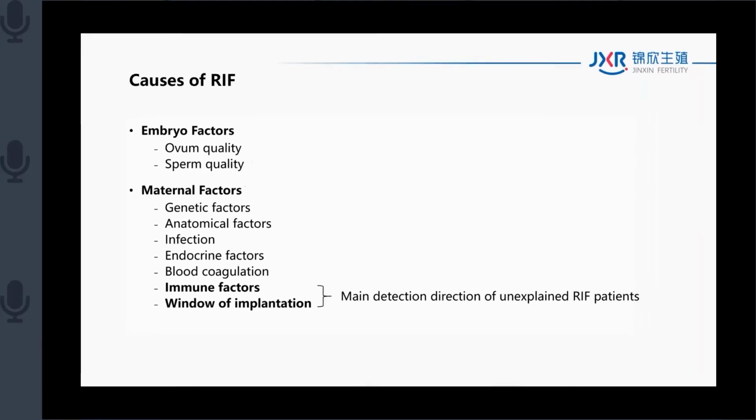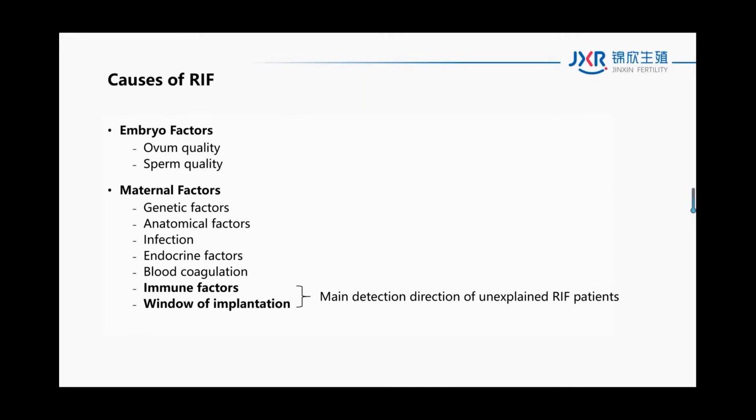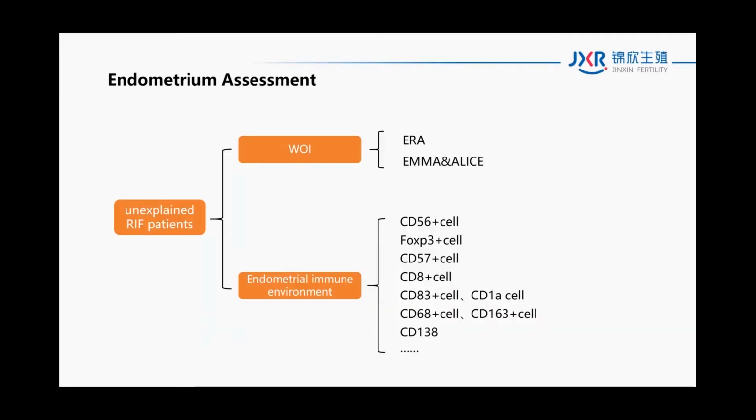Second, we will detect the maternal factors of RIF patients as follows: chromosome abnormalities, uterine or pelvic abnormalities, infections, endocrine issues, blood coagulation factors, then immune factors, and personal window of implantation. Immune tests and ERA are our main screening tests for unexplained RIF patients. For unexplained RIF patients, we may also perform EMMA and ALICE tests.